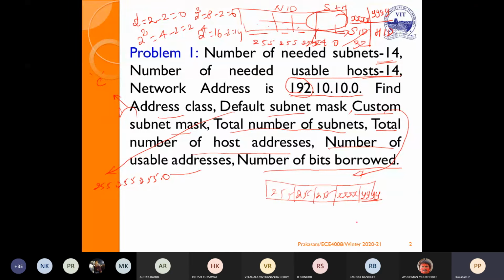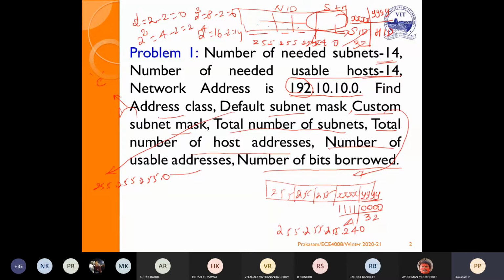So the mask means up to 28 bits it is 1: 1, 1, 1, 1, and the remaining zeros. What is the decimal equivalent for this last byte? 11110000 is 240. So 255.255.255.240 is the custom subnet mask.